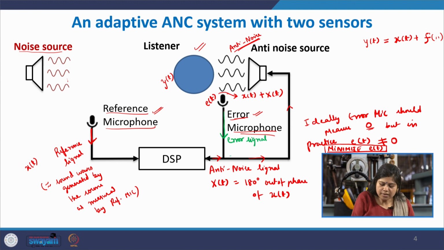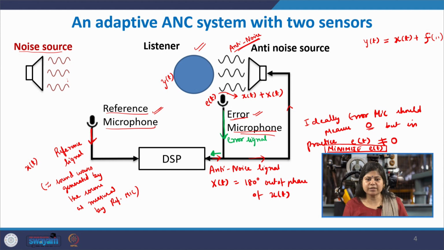This will also go to the DSP, and now the digital signal processor has the reference signal and the error signal. If it is a very fast processing circuit, then the time lag between the reference signal and the error signal should not be very much. If it is too huge, then obviously it does not work for the high frequency components.